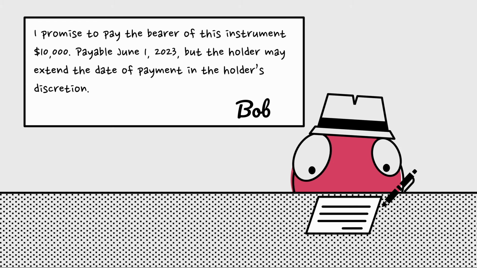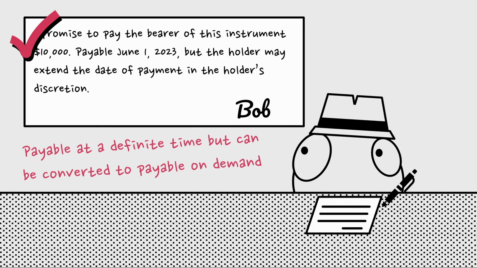So 4 says, I promise to pay the bearer of this instrument $10,000. Payable June 1, 2023, but the holder may extend the date of payment in the holder's discretion, Bob. So this is also okay. This is okay because why? It gives us a specific date, right?